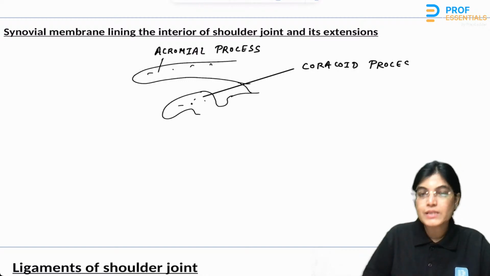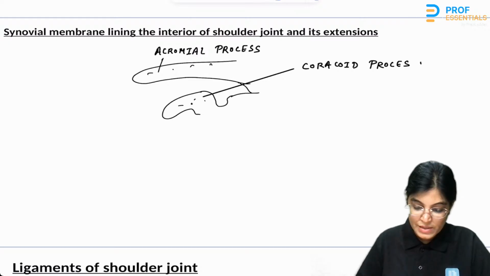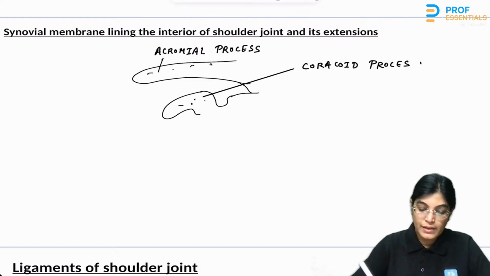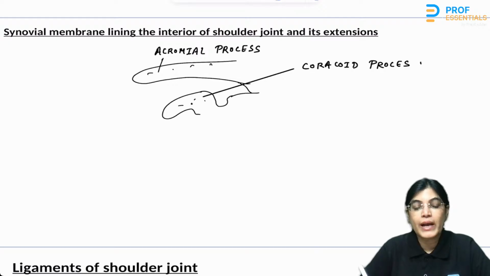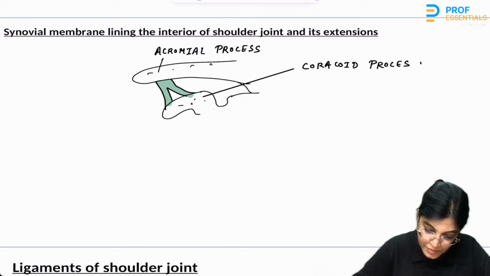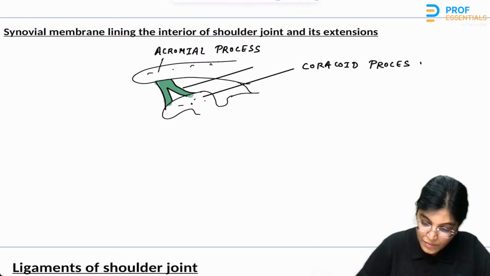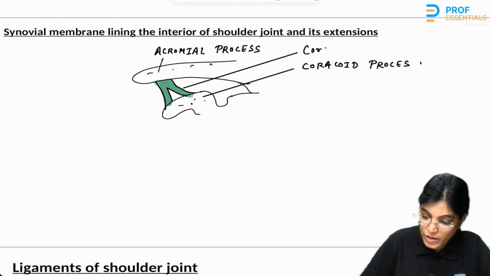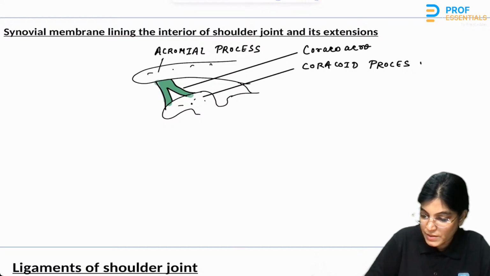And the structure which is connecting coracoid and acromial process is called a ligament. Which ligament? It is called the coracoacromial ligament. So I will use green color for the ligament. Coracoacromial ligament.